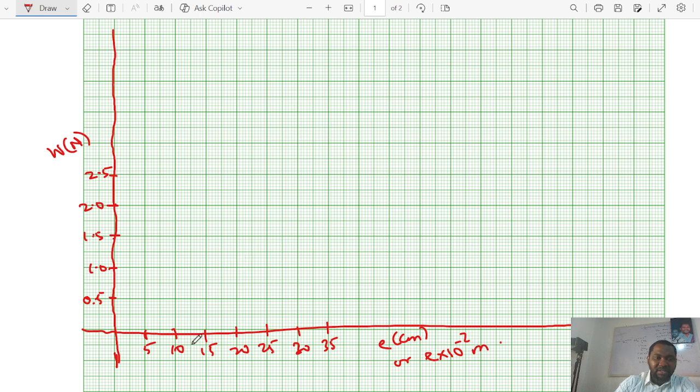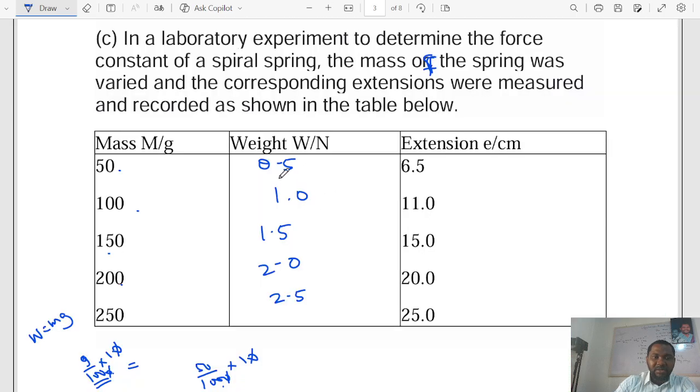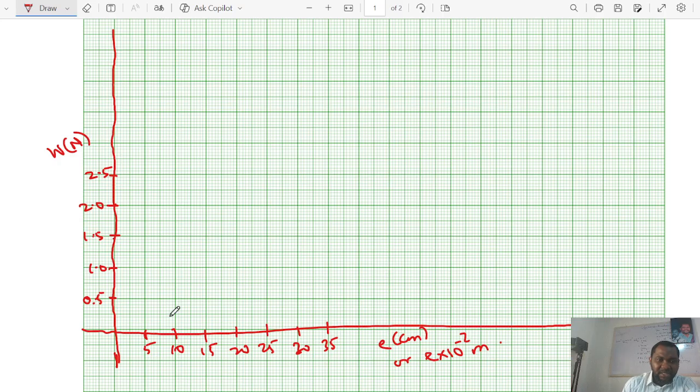Now in terms of plotting the graph, like I said, my graph is not straight. You use a ruler to make sure your work is neat, right? I'm just showing you how to go about this. Now when the weight is 0.5, extension is 6.5. I also want to say that you can know what each of these grid lines represents.